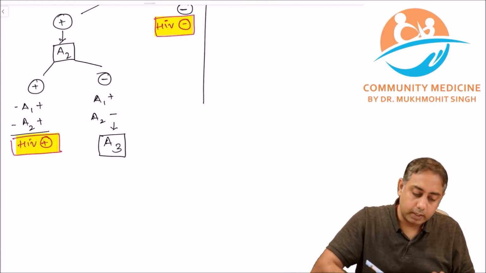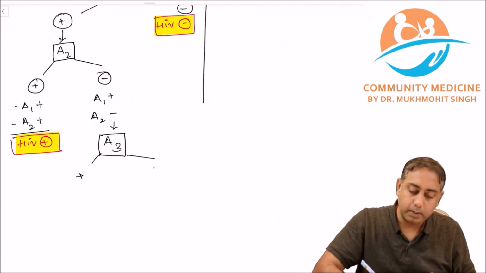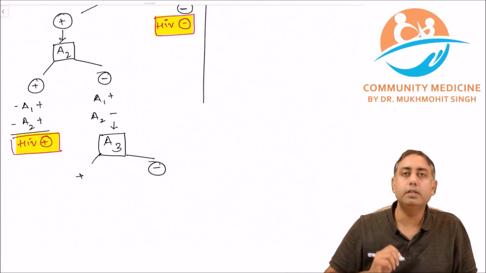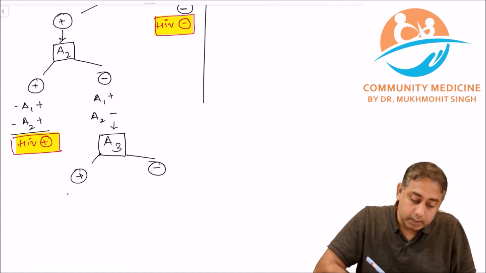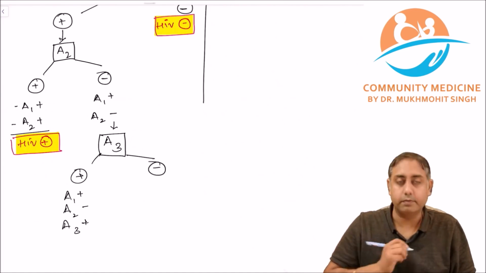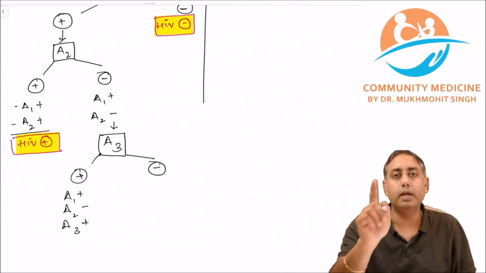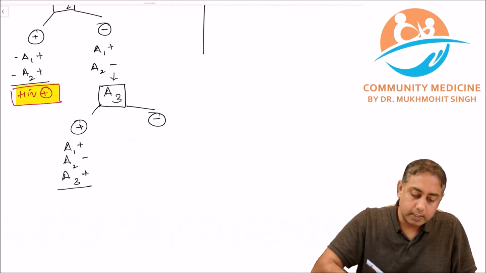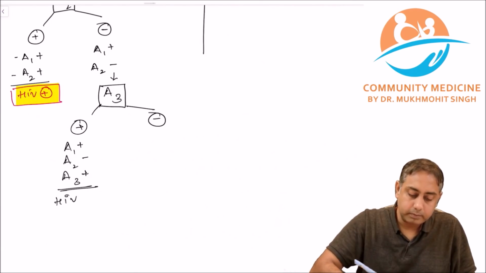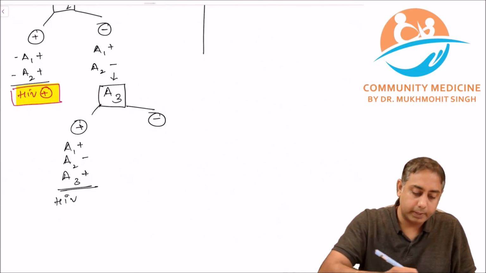A3 can be positive, A3 can be negative. If the A3 is positive, what do I call this patient? This patient is A1 positive, A2 negative, A3 positive. This patient is known as HIV indeterminate.